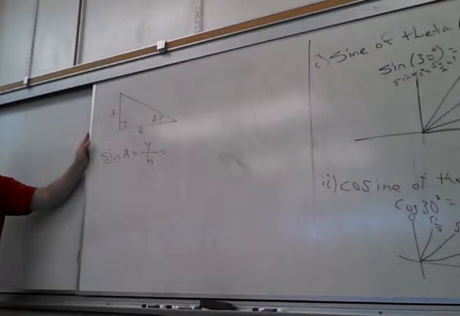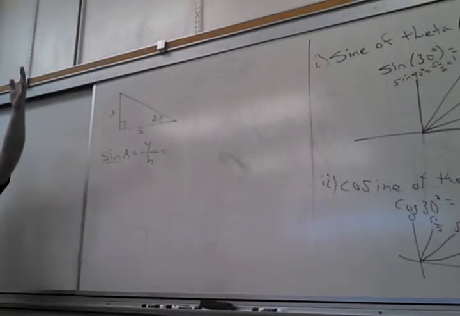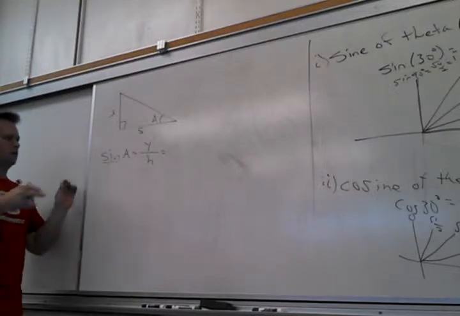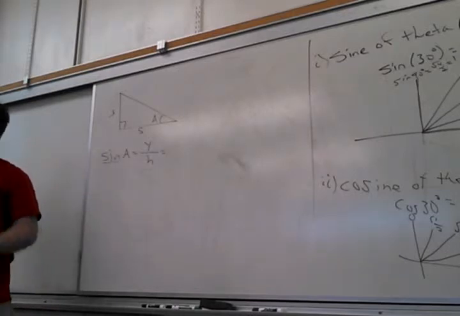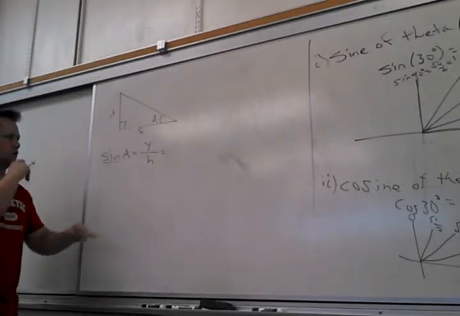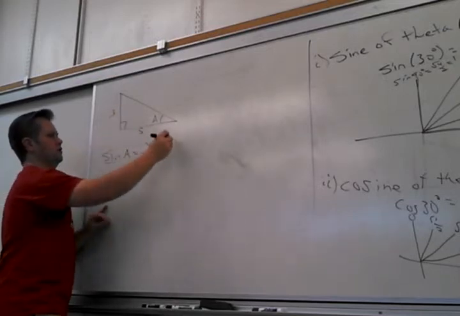Everything we've done so far is based on right triangles. At the end of 6, we're going to expand sines and cosines to include things that aren't right triangles. And that's when I get to the law of sines and the law of cosines, where the Pythagorean theorem is just a specific situation. There's a more general rule than the Pythagorean theorem that we all know. That's in our future. So the y piece I know.